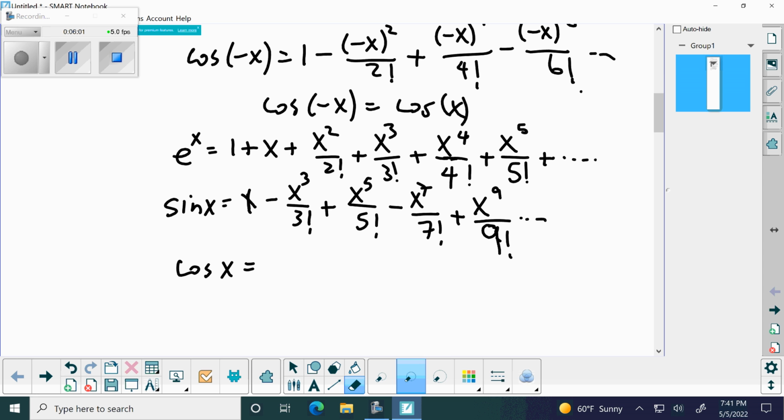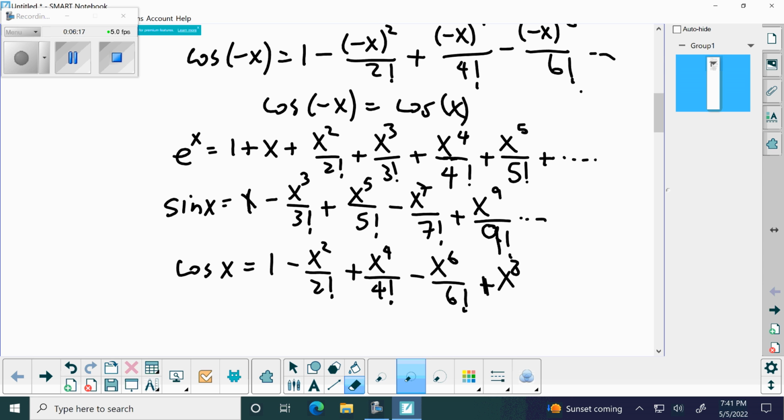Cosine of x is equal to 1 minus x squared over 2 factorial plus x to the fourth over 4 factorial minus x to the sixth over 6 factorial plus x to the eighth over 8 factorial, and so forth.